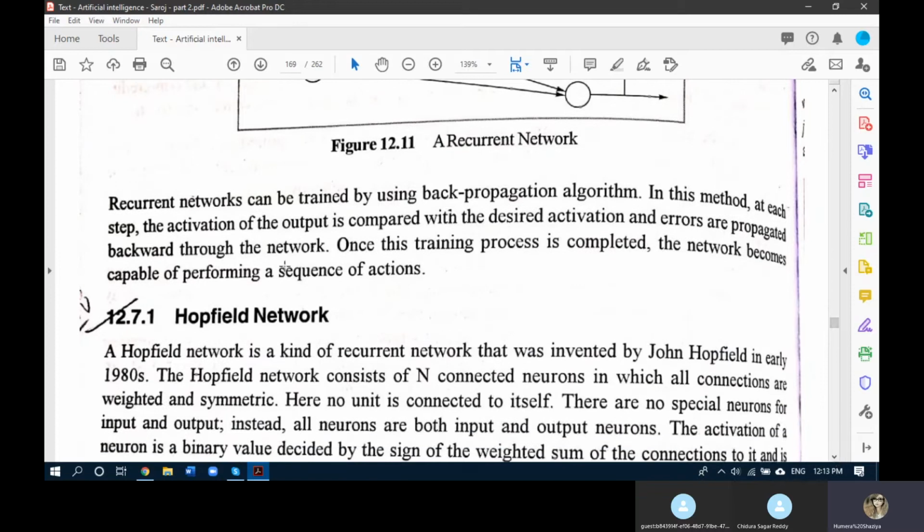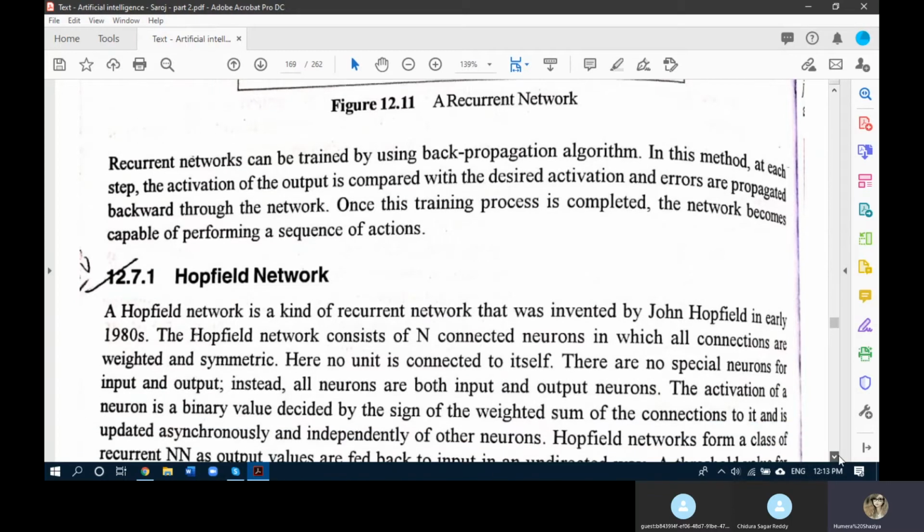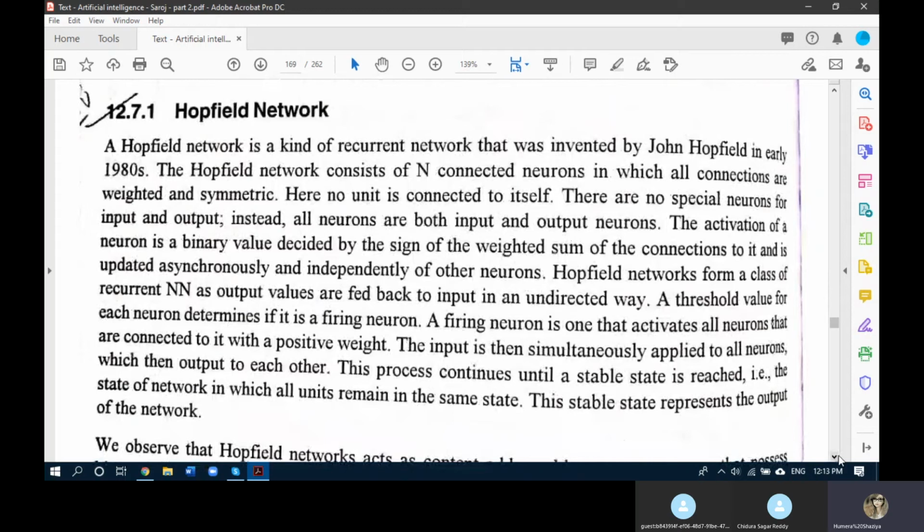And activation function is also used in recurrent nets. A type of recurrent network is a Hopfield network. A Hopfield network was invented by John Hopfield, and thus it derives its name from its inventor. In the 1980s, this Hopfield network consists of n connected neurons, and all connections are weighted and symmetric.